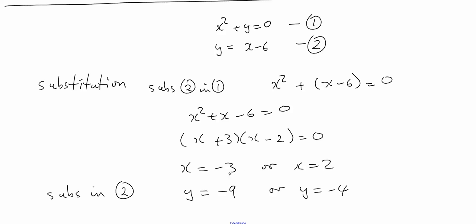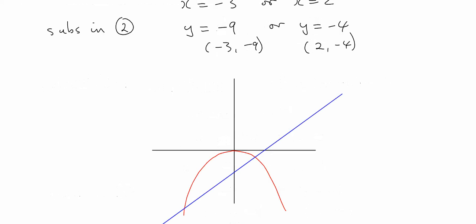So in this case, as you can see, there are two pairs of solutions, 2 points if we were to plot the graphs, minus 3, minus 9 and 2, minus 4. So the graph of these two equations in this case will look like this.